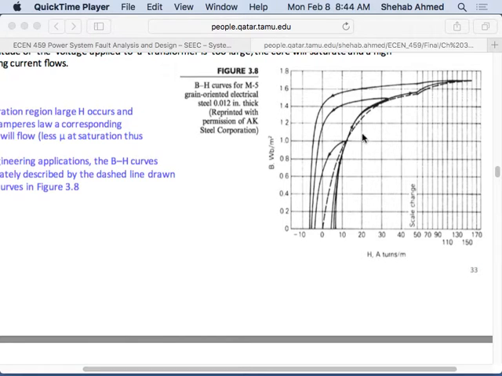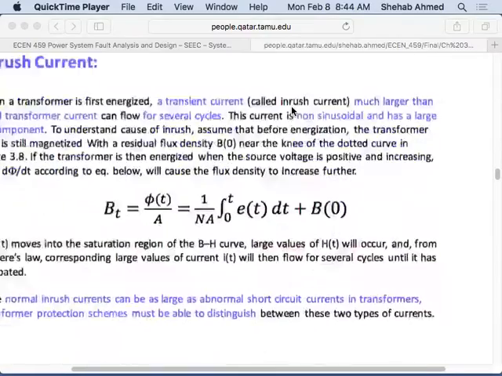But what if you had some residual magnetization and your magnetization in the core was up here, for example? What will happen? You put voltage, which will push current. You'll try to push up this magnetization curve and then back down. When you're pushing up here, the variation in flux is not much. So you're not going to be generating a lot of voltage initially, right? So you will have a huge inrush current at the beginning, like induction motor starting, something similar. Very high peak currents for a few cycles, and then it will decay down. So this is called inrush current. We don't consider that in the equivalent circuit either.